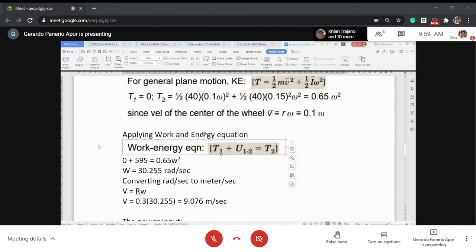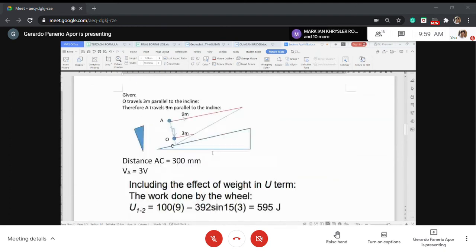Point 1 is the initial. Point 2 is after the center of the wheel moves by 3 meters along the incline. So at that instant, the wheel is already moving, while at start at 1, the wheel is still at rest.